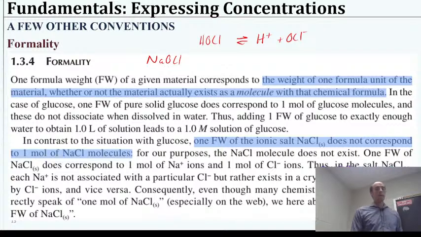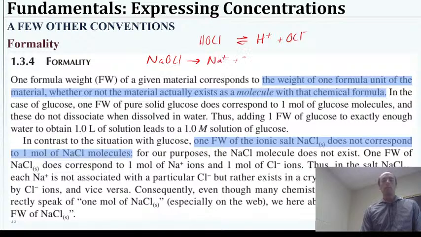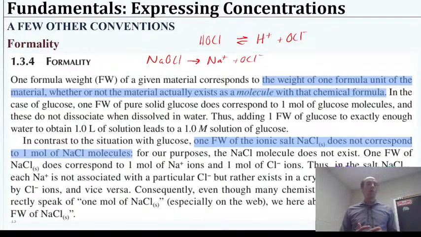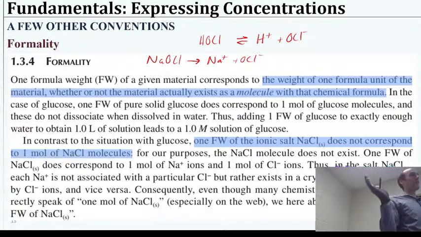So if we go from NaOCl to Na plus and OCl minus, we might be wanting to describe the amount of moles per liter. And we could say, oh, we added 1 mole per liter of NaOCl. But we don't have NaOCl in solution. As soon as it's in there, it dissociates. And then it goes through this other reaction.